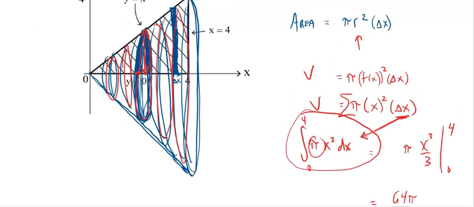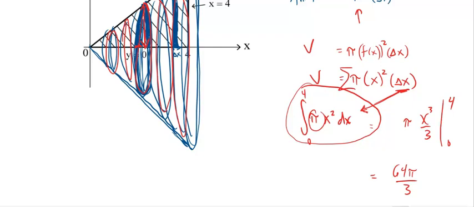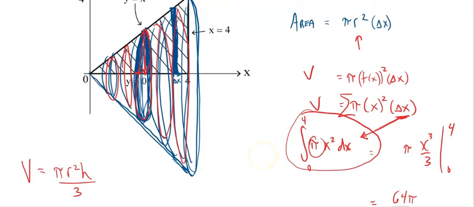Let's check our work. We could have done this the easy way because this is a right circular cone. So you can look up the volume of a cone formula, and it goes like this. It's pi r squared times h over 3. That's a geometric formula, and the height would be the distance from here to here, which is 4.